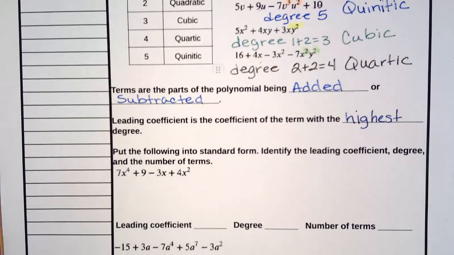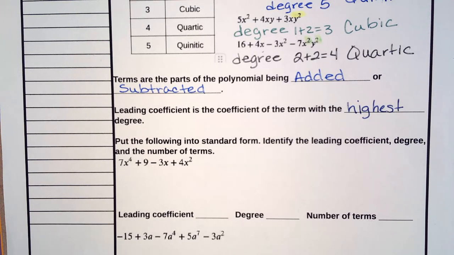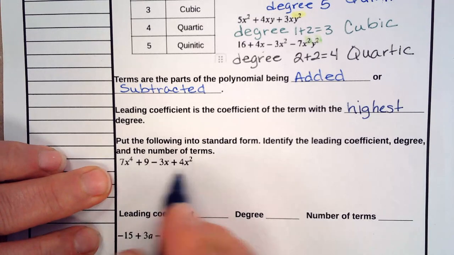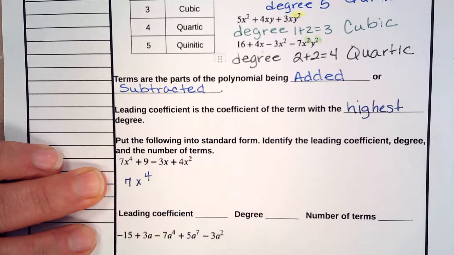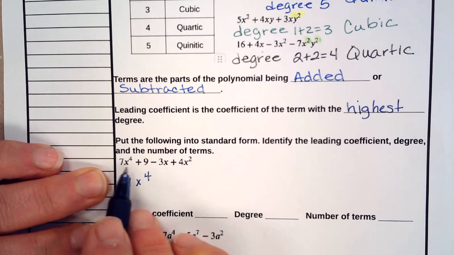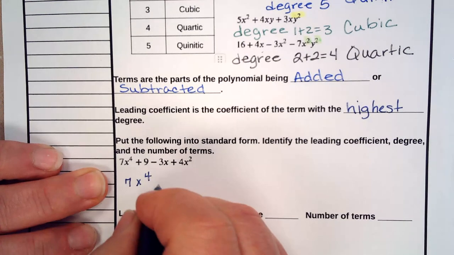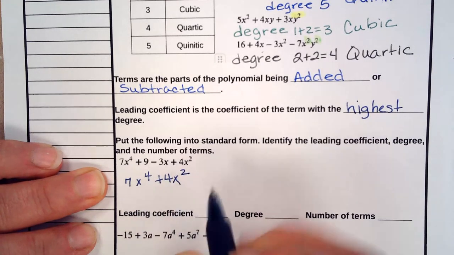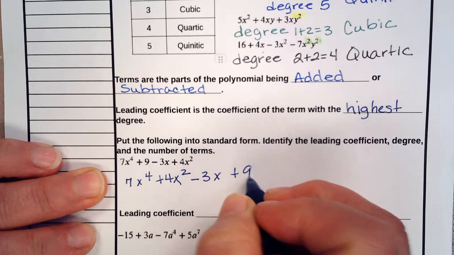So we're going to put the following into standard form, identify the leading coefficient, degree, and the number of terms. As I'm looking, I've got to the fourth, so this is 7x to the fourth. I don't have any x to the third term, so plus 4x squared. Then I go to minus 3x plus 9.